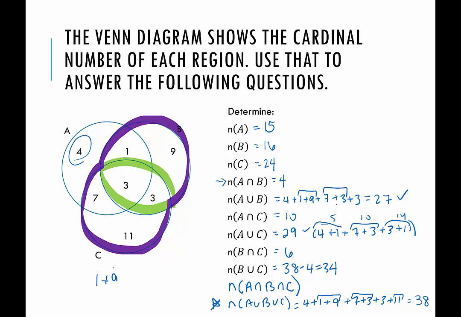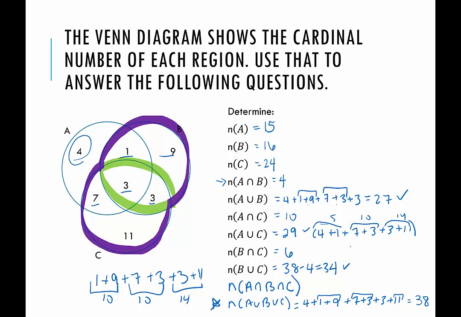That would be 1 plus 9, plus 7 plus 3 plus 3, plus 11. When I add these together, here's a 10, here's a 10, here's a 14. That would be 34. So the union is 34. The system works.